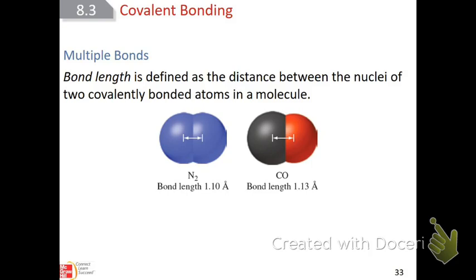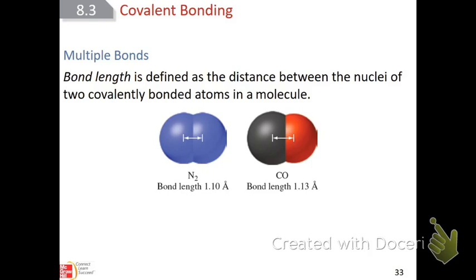Now let's talk about bond length just for a minute. Now, Dr. Burdg is a numbers woman, and she really likes to talk about bond lengths and things like that. Now, what I care more that you know about is that the longest and weakest of the 3 is a single bond. I hope that makes sense to you. If you have 2 electrons that are being shared between 2 atoms, they're going to be not as strong, and it's also going to be a longer distance between the 2 atoms than if you had 4 electrons.